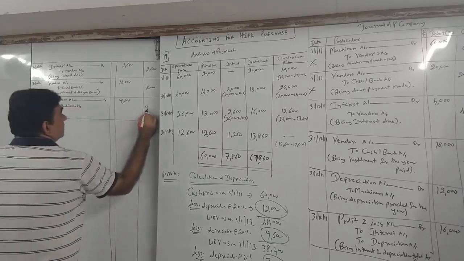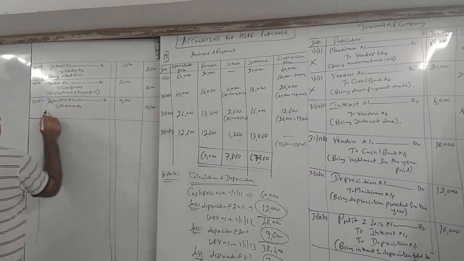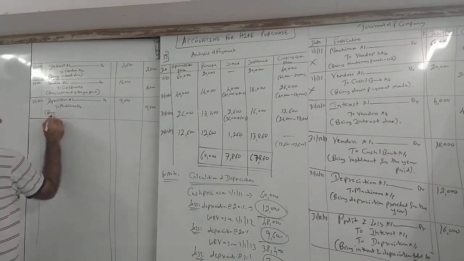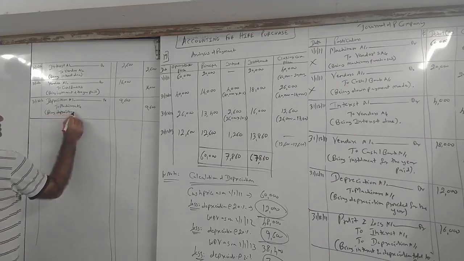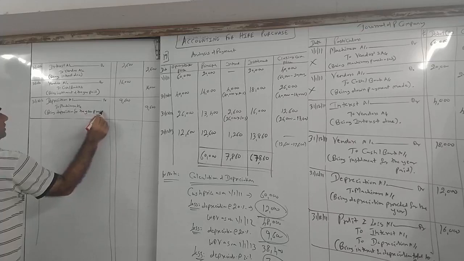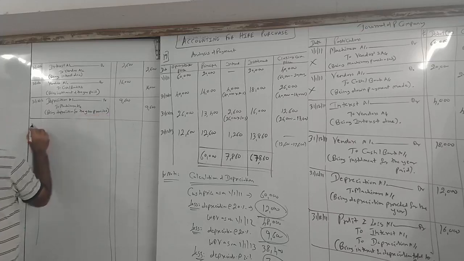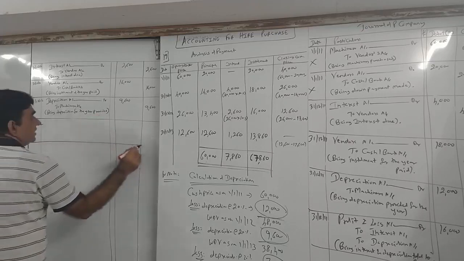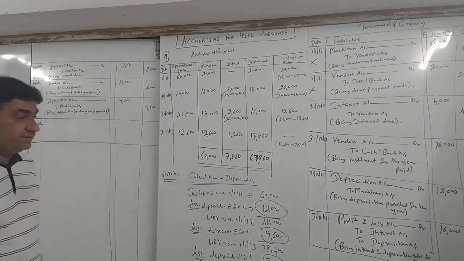So to machinery account 9,600. Narration: being depreciation for the year provided.